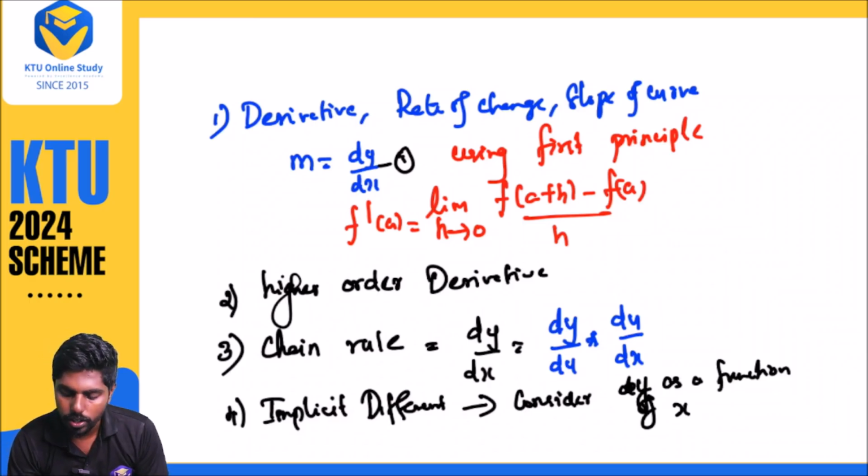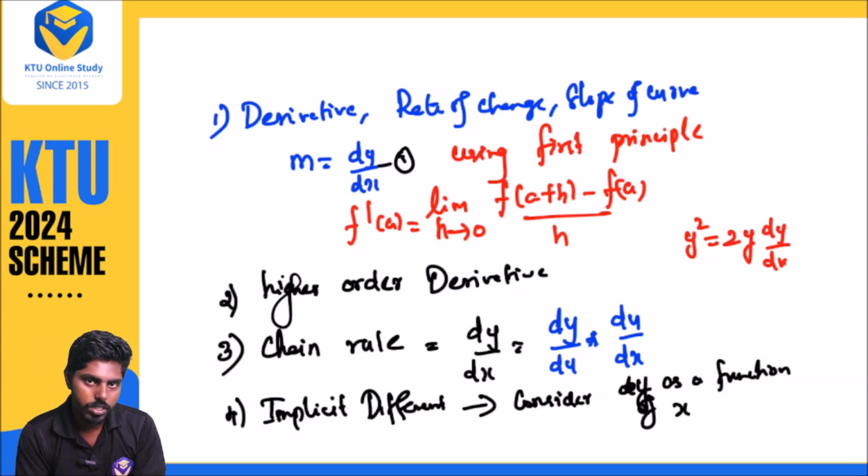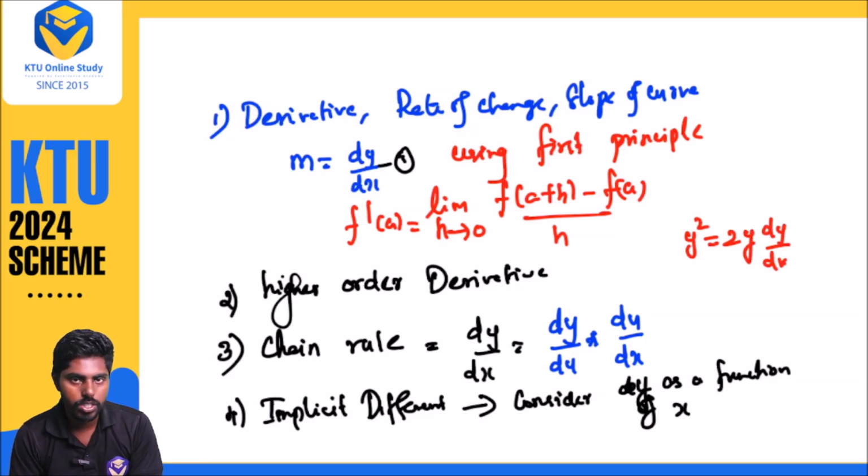That means when you differentiate y square, you will write 2y into dy by dx. Then take dy by dx to one side, and you will get your answer.